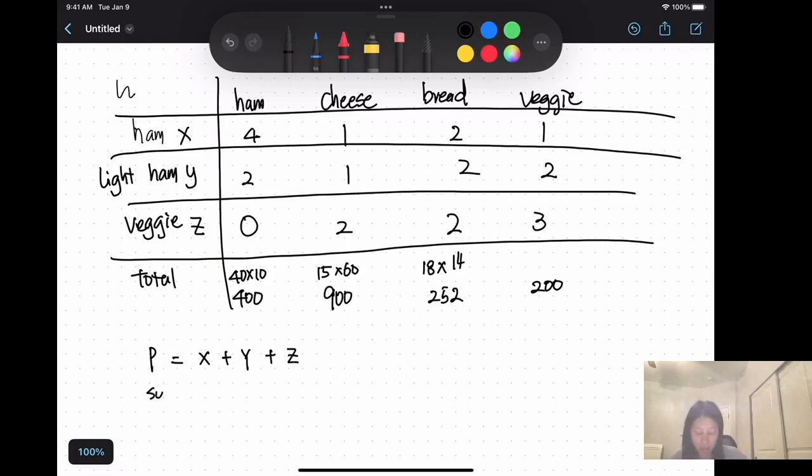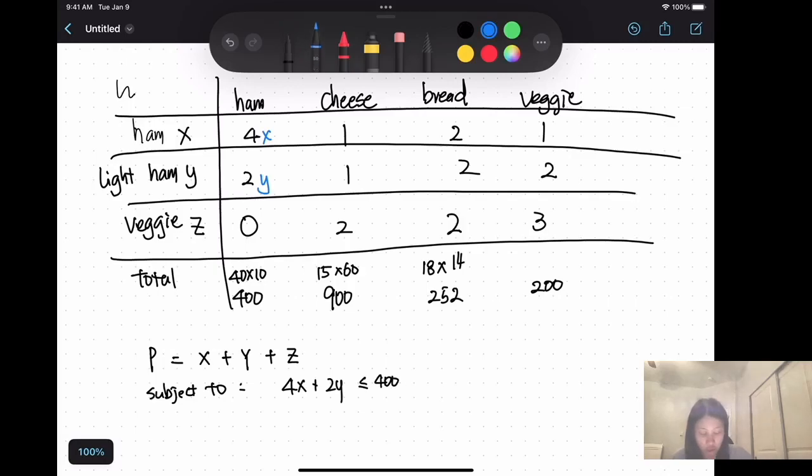This is the maximize function, subject to the amount of ham. You use 4x for the ham sandwich and 2y for the light ham sandwich, so the total should be 4x plus 2y less than or equal to 140.